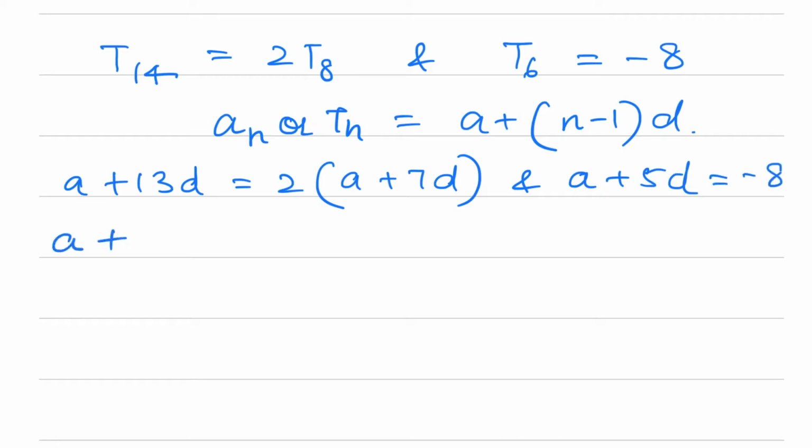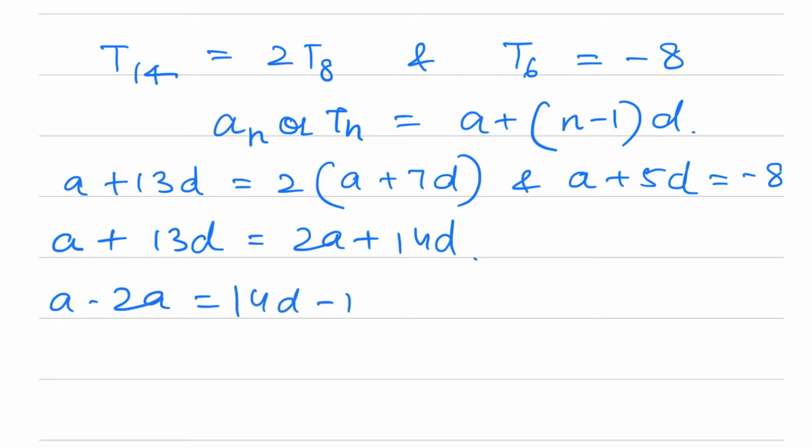This would be a plus 13d is equal to 2a plus 14d. a minus 2a is equal to 14d minus 13d. Minus a is equal to d, or a is equal to minus d.